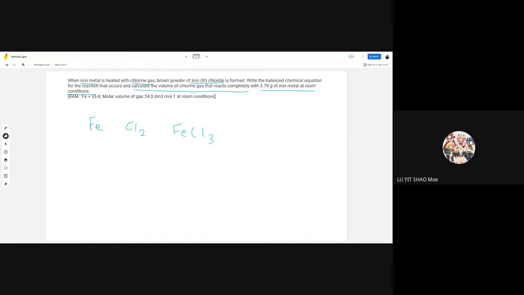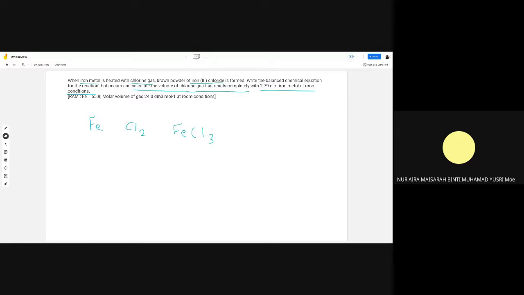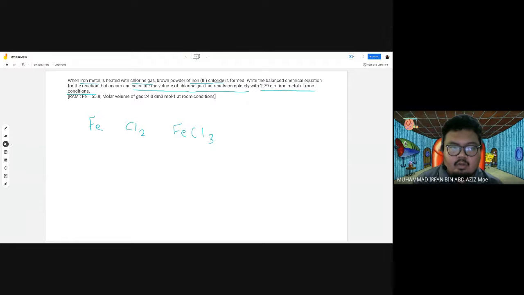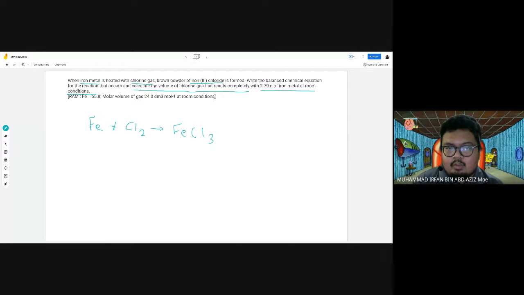Which one is FeCl3? Product, sir. Okay, product. So write the arrow, and then put the plus here.